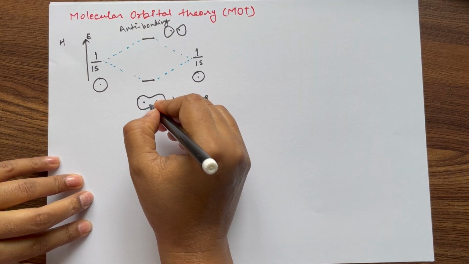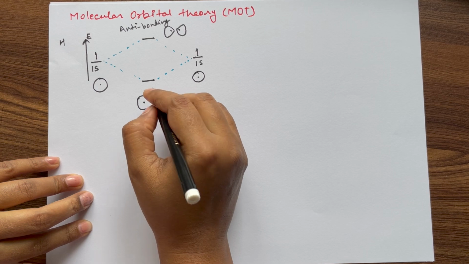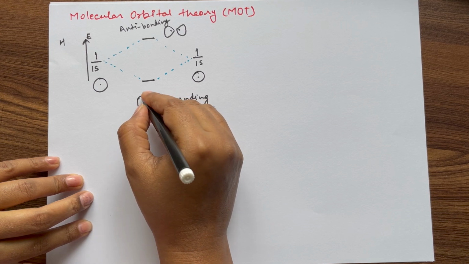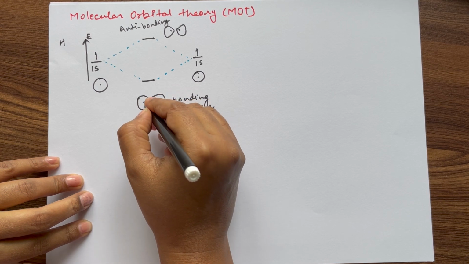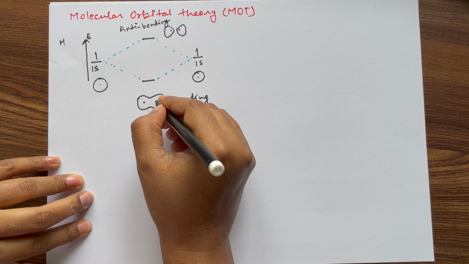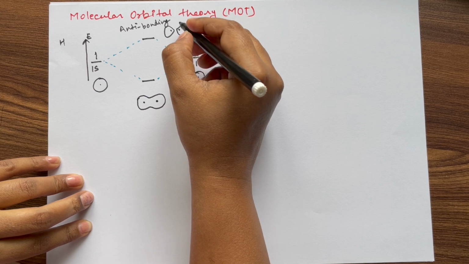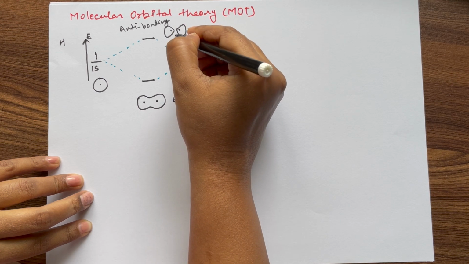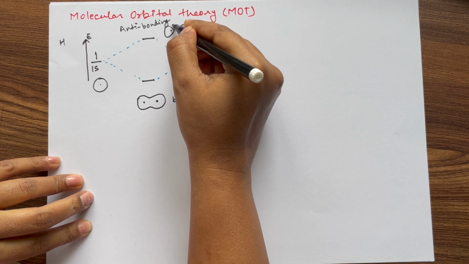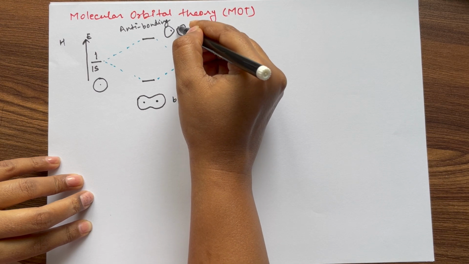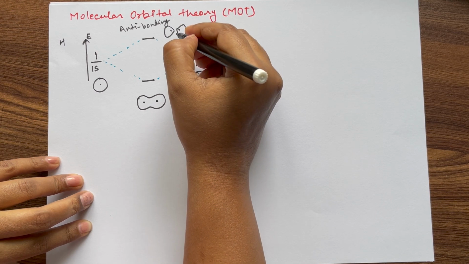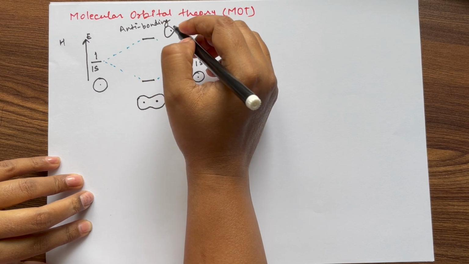In case of bonding orbital, all the electrons available inside this new molecular orbital are shared by both the atoms. And in case of anti-bonding orbital, there is a region between two atoms where no electrons are available for the bonding. That is why it is called anti-bonding.